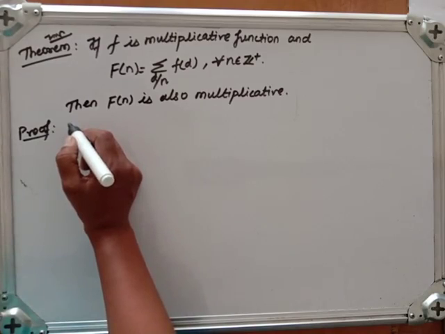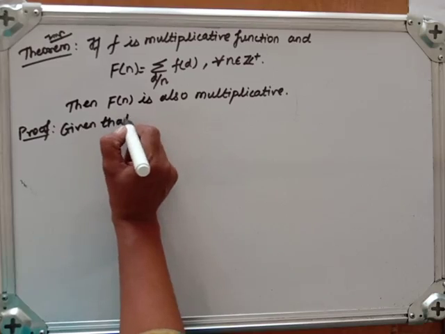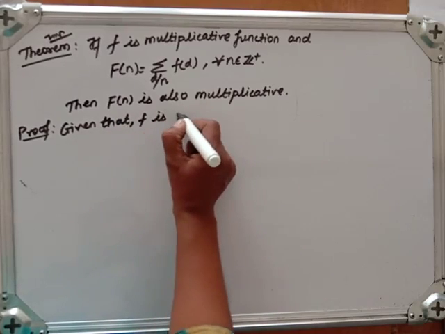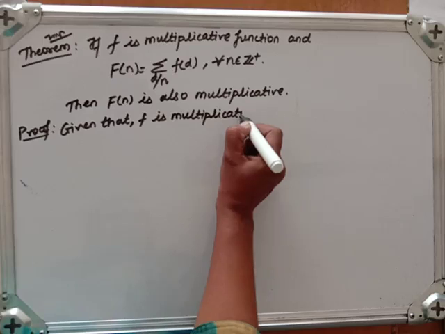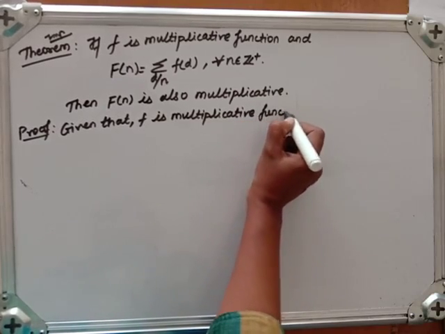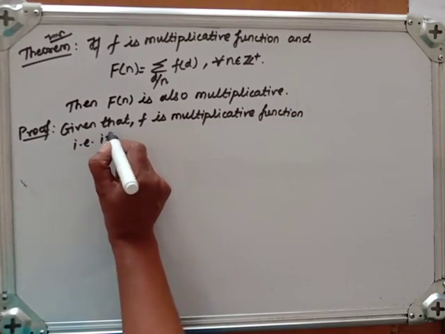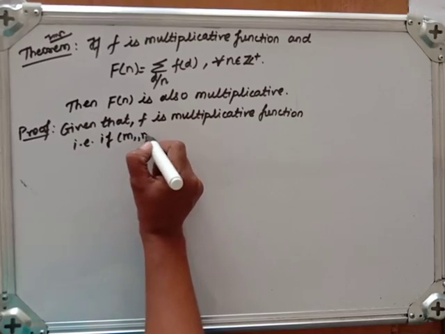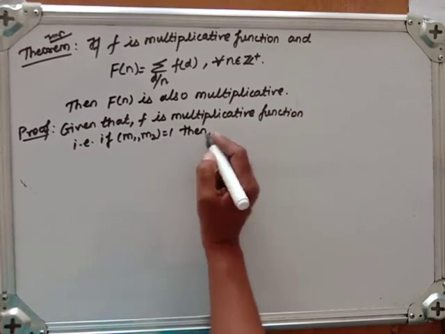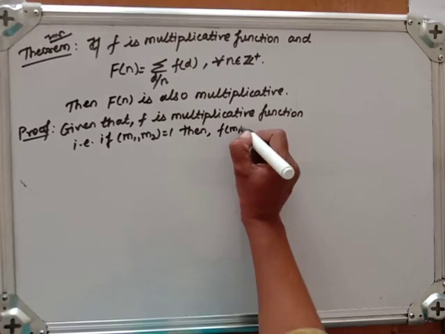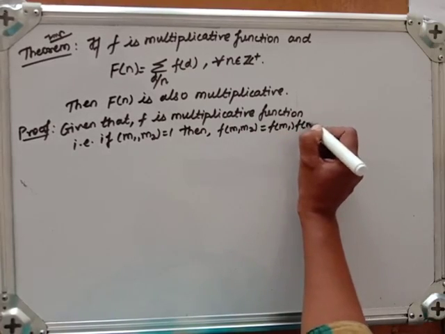Proof of this. Given that f is a multiplicative function, that is, if m1, m2 are relatively prime, then f of m1 m2 is equal to f of m1 into f of m2.